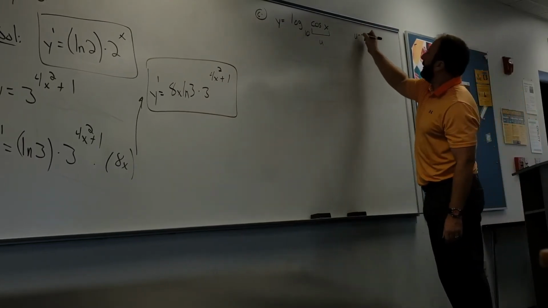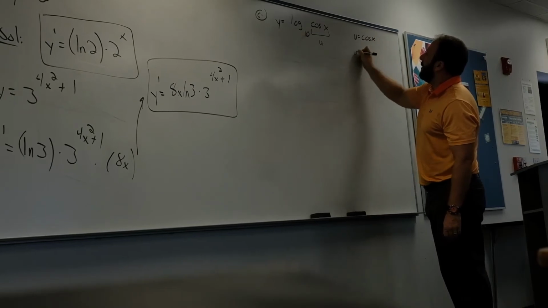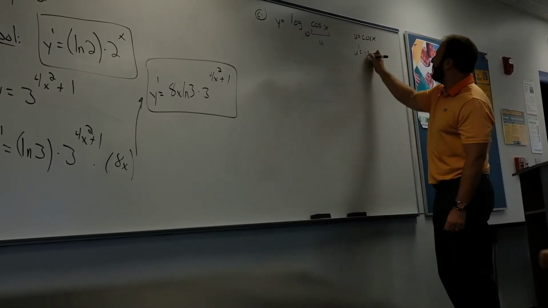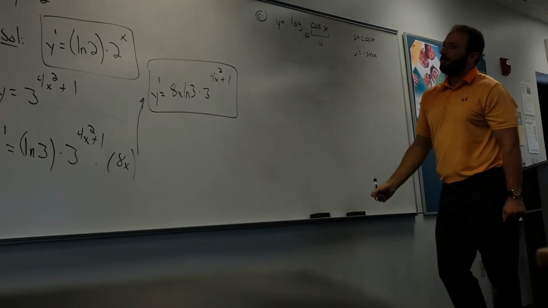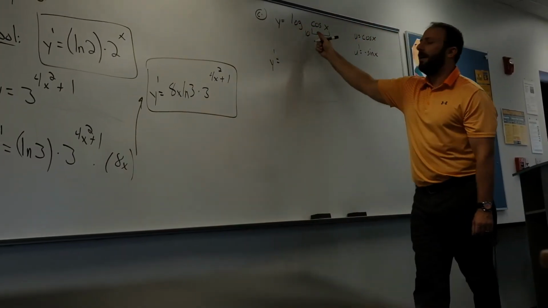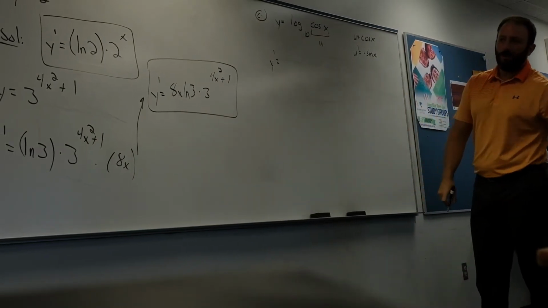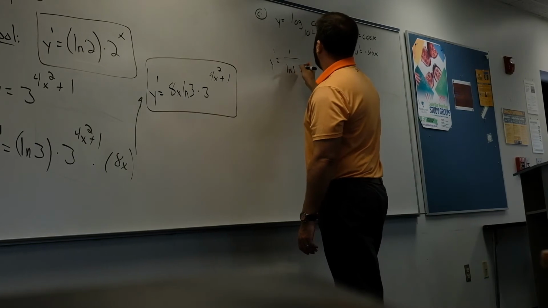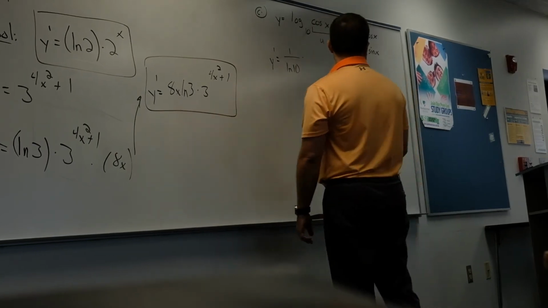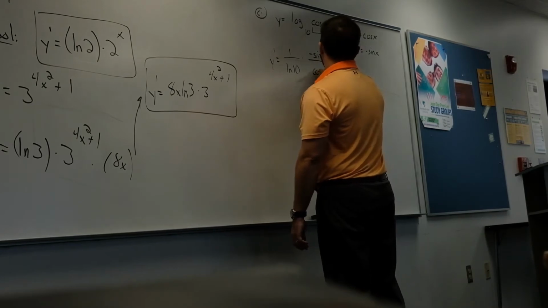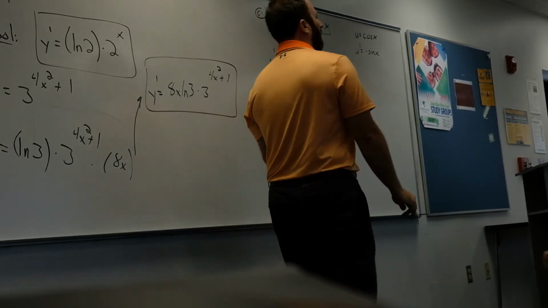So if u is cosine x, what's u prime? Good, negative sine x. Good guess. So we take the derivative. The derivative of log base a of u is 1 over ln of a times u prime over u. So 1 over ln of 10 times negative sine x over cosine x.